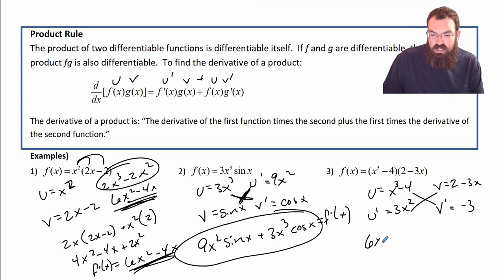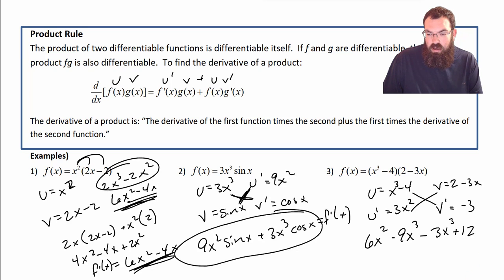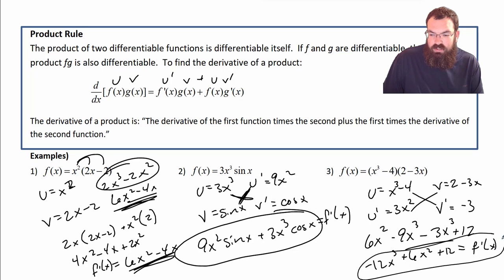So it's going to be 6x squared minus 9x to the 3, and then minus, because it's really plus, but this is a negative, 3x to the third, and then plus 12. Alrighty then. And I guess we can combine those if you wanted to. So negative 12x to the 3 plus 6x squared plus 12 is equal to f prime of x. There you go.